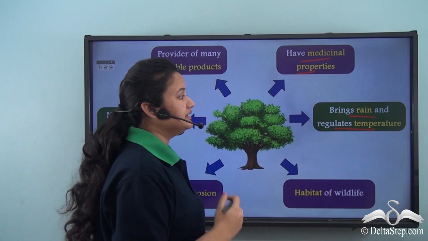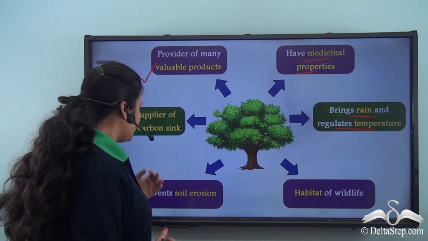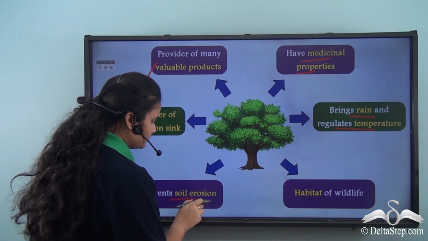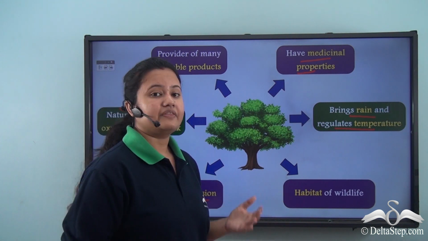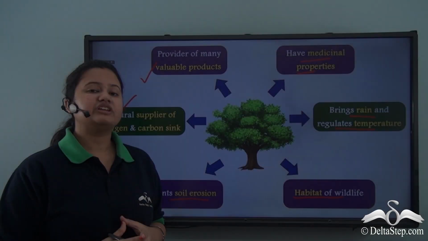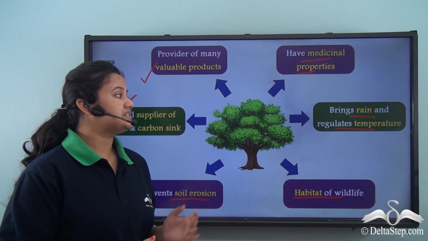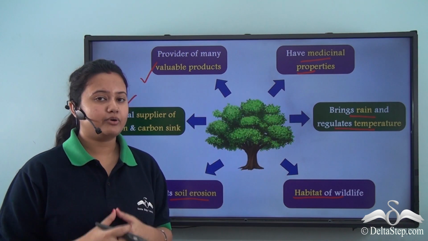So plants are the natural supplier of rain on earth. Plants also prevent soil erosion, and plants are the habitat of many wild animals. So we see that plants are our valuable resource because they have lots of benefits or importance.